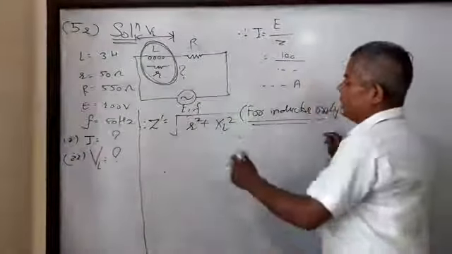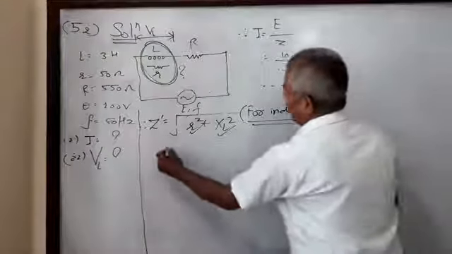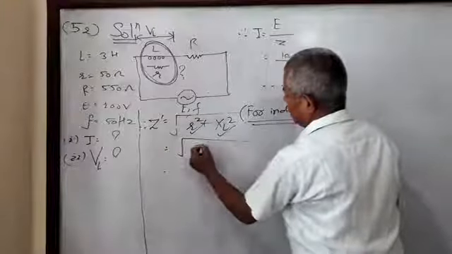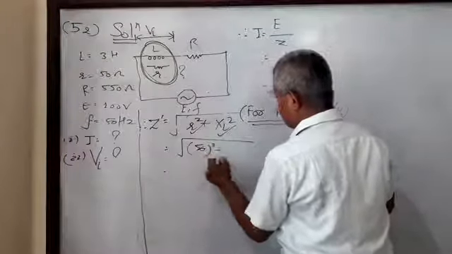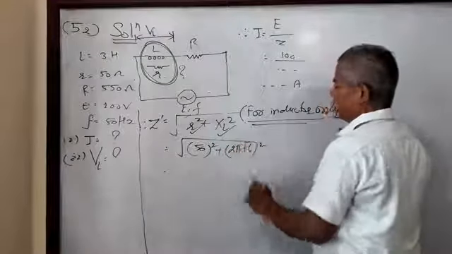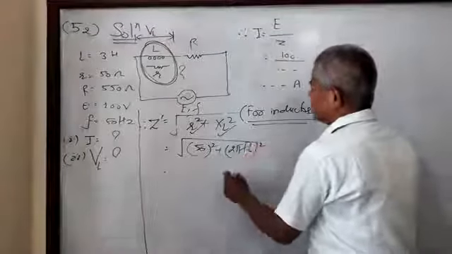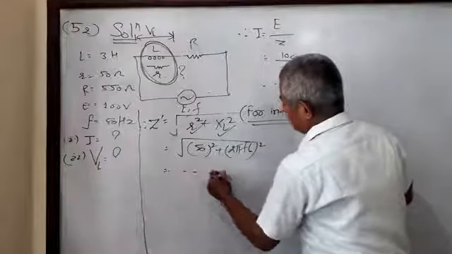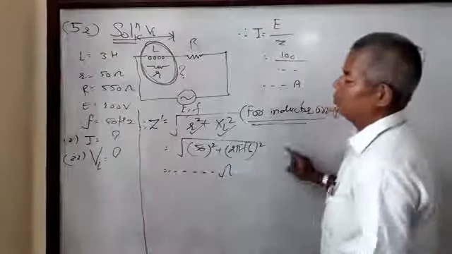This is the resistance, this is the inductance. Then r has value 50 ohm, so 50 whole square plus (2 into pi into F into L) whole square. Frequency and L are given to us. Use this equation and find the value of the new impedance in ohm.